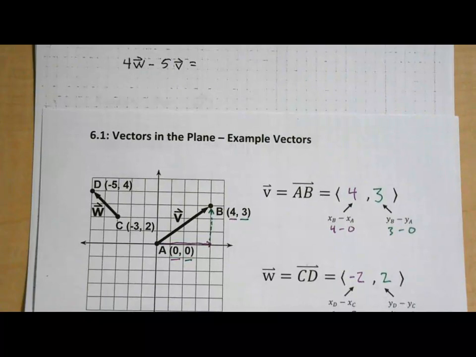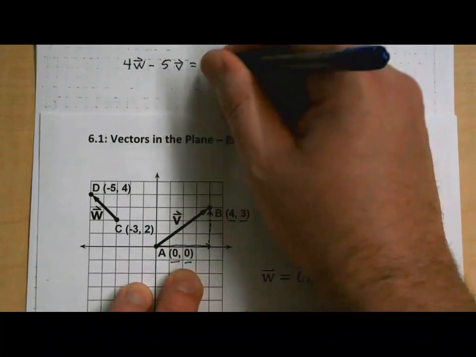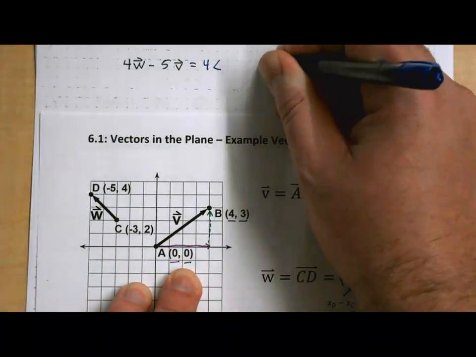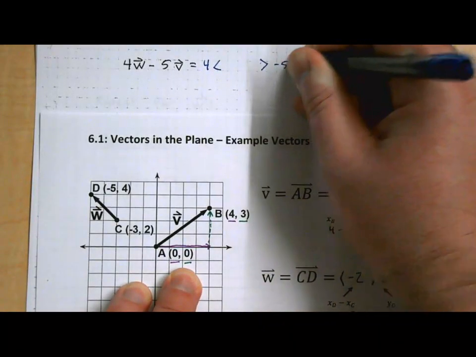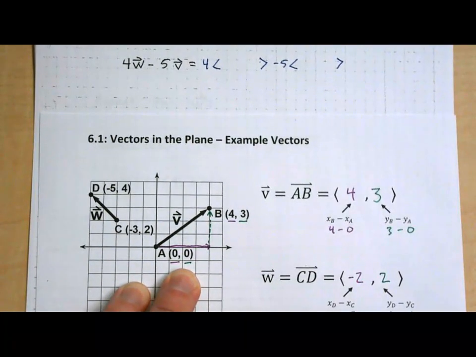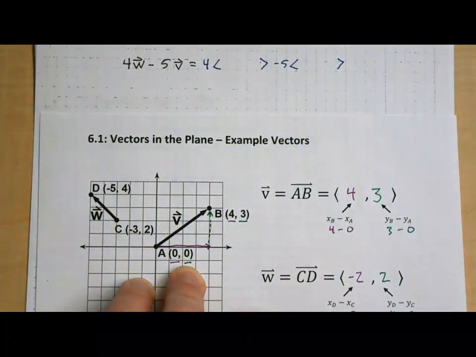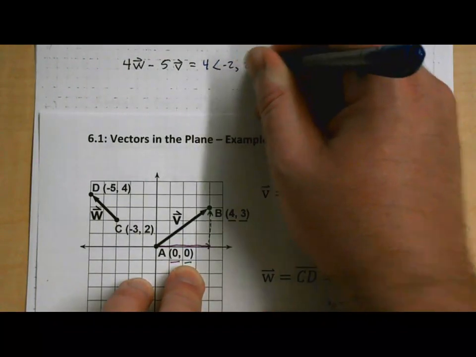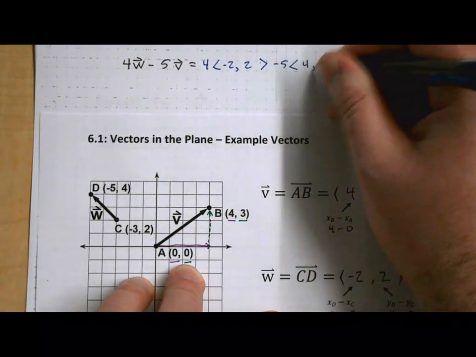So the work that I would expect to see for a problem like this would be, let's write out 4 times whatever W was, minus 5 times whatever V was. And luckily we've got that right in front of us here. W is negative 2 comma 2, and V was 4 comma 3.